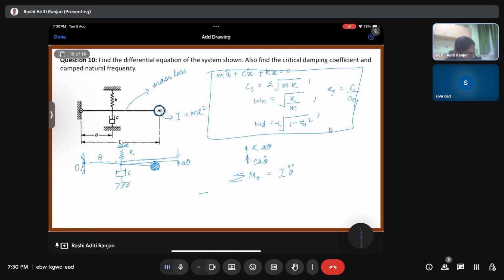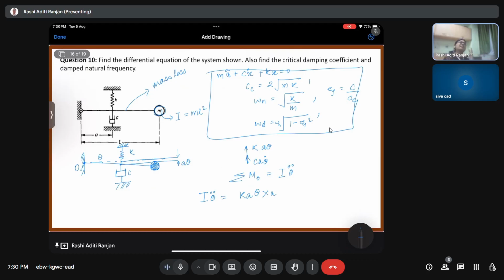So we have I theta double dot is equal to force k a theta, right, into a. Now, since the force is acting in the downward direction, it is going to create a clockwise movement. Okay. Now, since we have considered I theta double dot as positive, it is going to be negative.